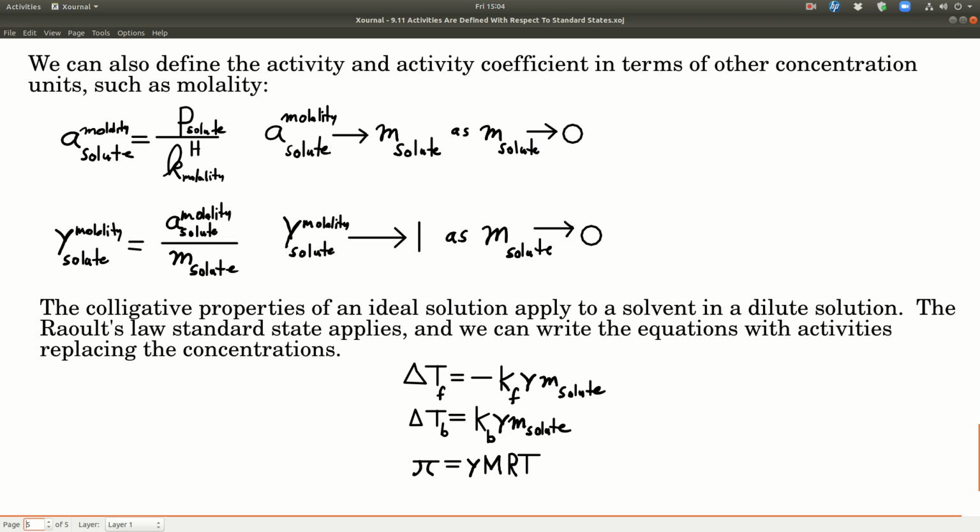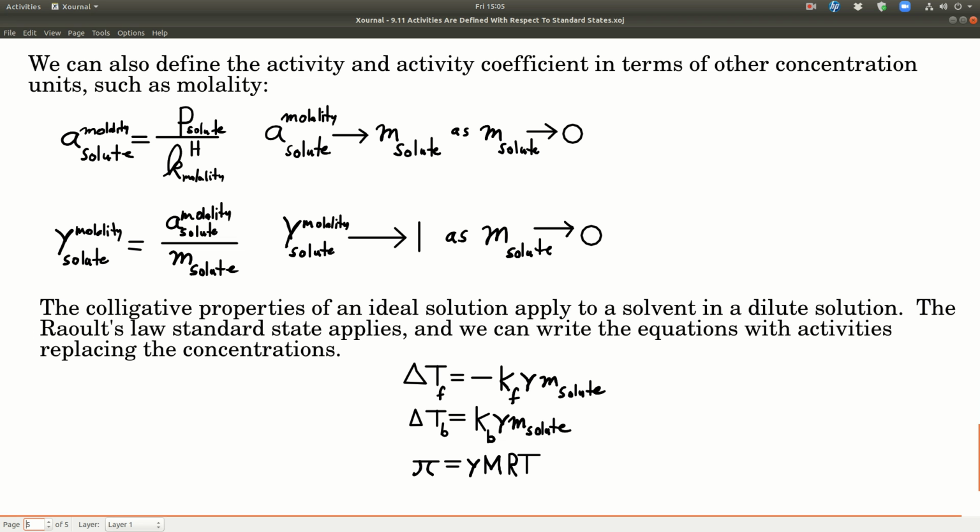Now we can also define the activity and the activity coefficients in terms of other concentration units like molality. To do that, we just define the activity of the solute, let's say, in terms of molality, so that it becomes the molality as the molality goes to 0.